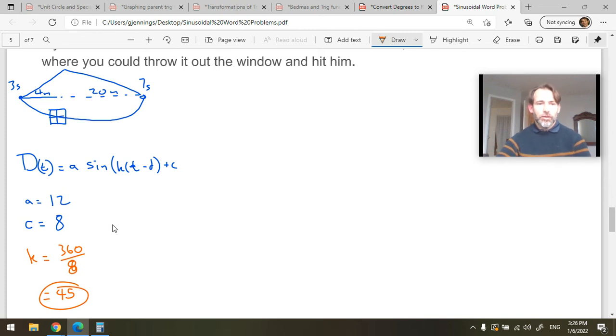So what I'm going to do is write down d of t, distance as a function of time, is equal to A, which is 12, sine of bracket 45 multiplied by x minus d, end bracket, plus C, which is 8.